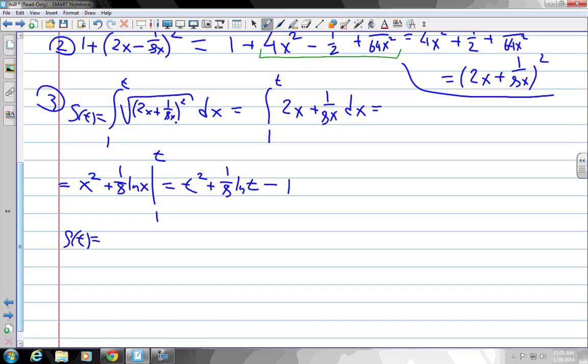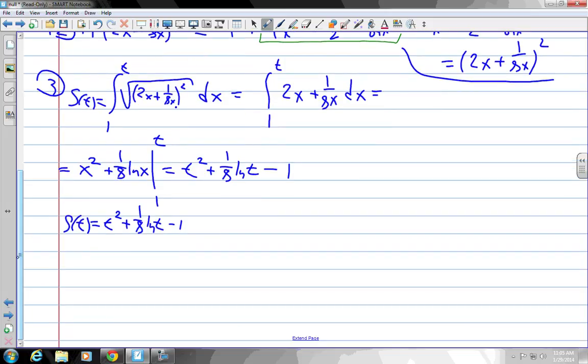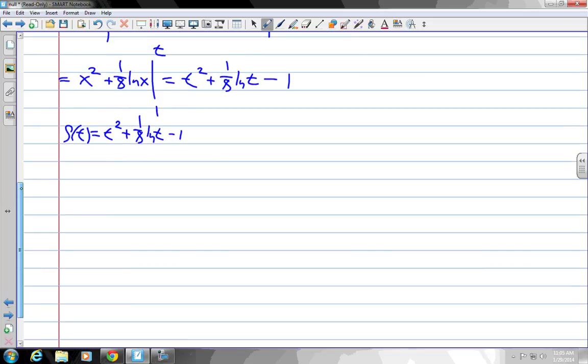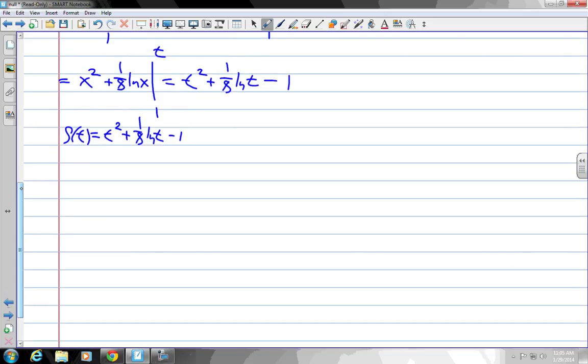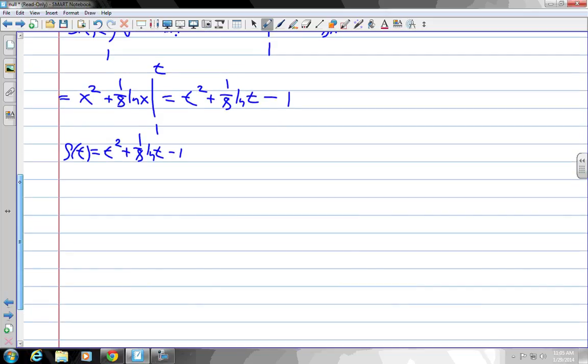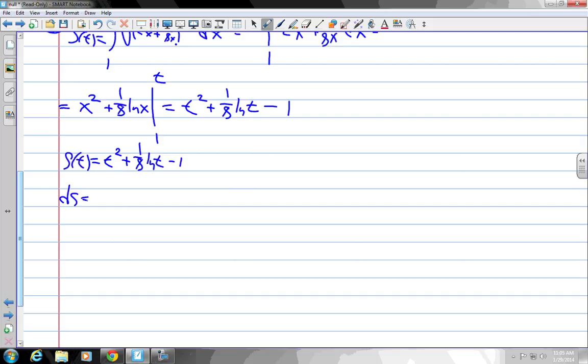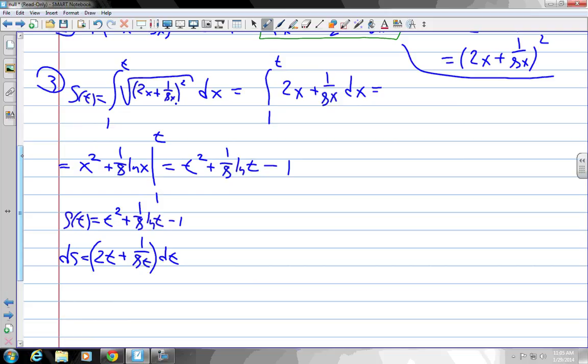This is your arc length parameter. Given the t, it will spit out the value of the arc length from 1 to whatever point you have in mind. But of course, ds here would be 2t plus 1/8t dt, just like the fundamental theorem of calculus suggested prior.